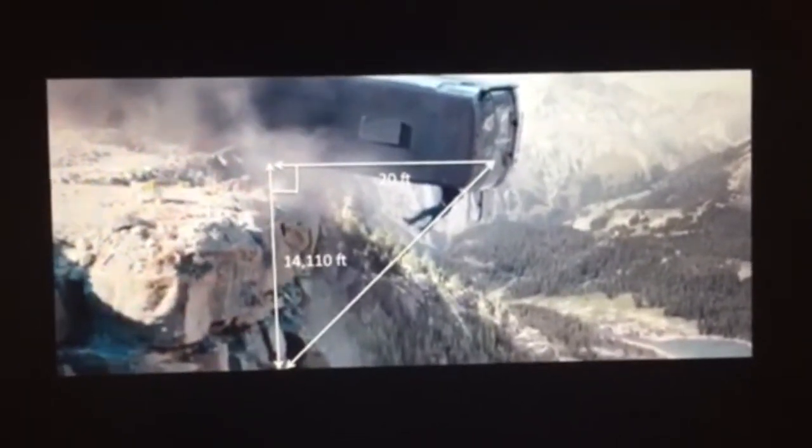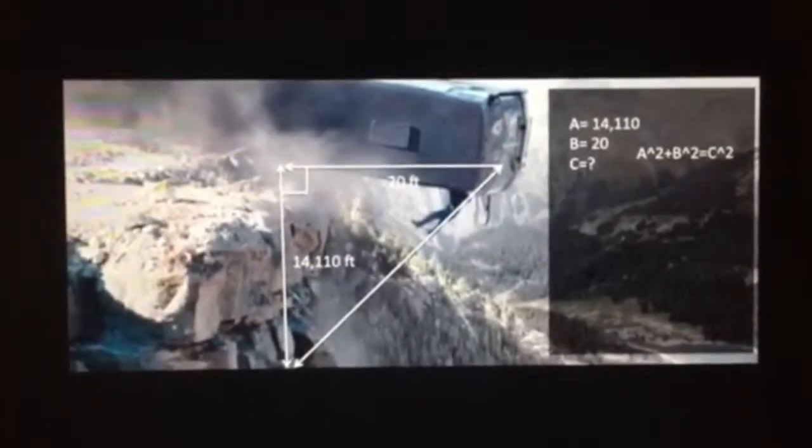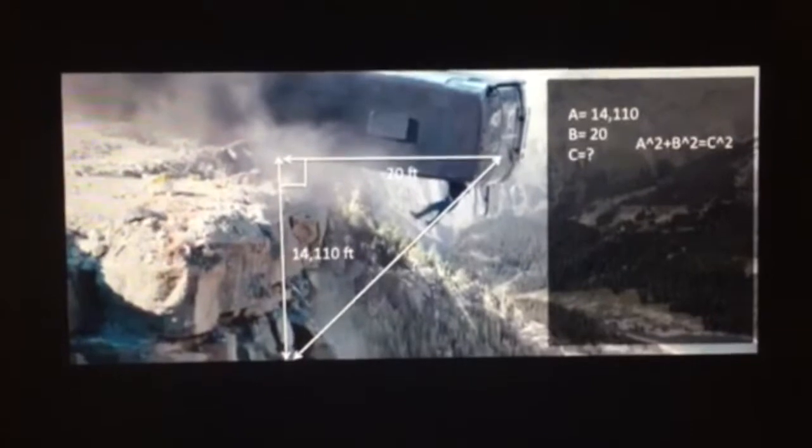So the height of the canyon is 14,110 feet, and the bus is 20 feet off the cliff. And we're looking for the hypotenuse, which is the distance between the base of the cliff and the front of the bus. To figure this out, we will be using Pythagorean's theorem, which is a squared plus b squared equals c squared.